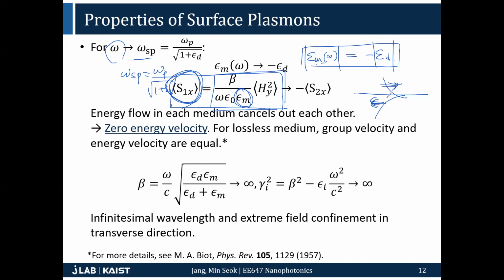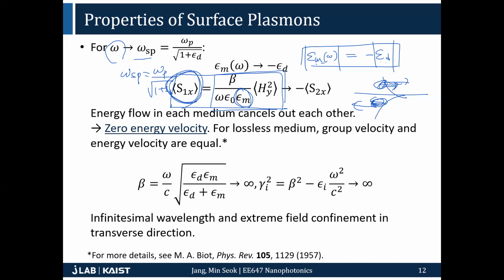So they basically cancel each other out, so that the wave cannot propagate in any direction. This one wants to go this way in terms of energy, this one wants to go that way, so it doesn't go anywhere.